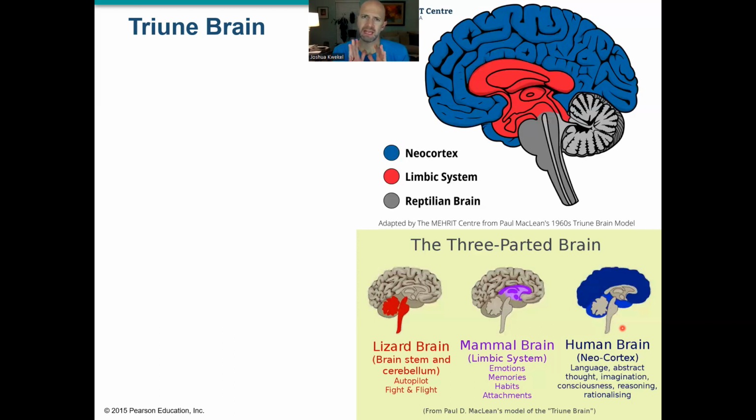Now, there's evolutionary reasons why they call this the reptilian versus the mammalian versus the human, because they think developmentally over millions of years that first it was the lowest order, and then we evolved and evolved and evolved. Whatever your convictions about that, I don't think that you need to adopt that perspective to still maintain this functional view of the human brain.